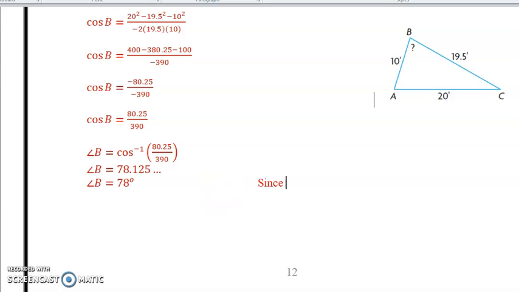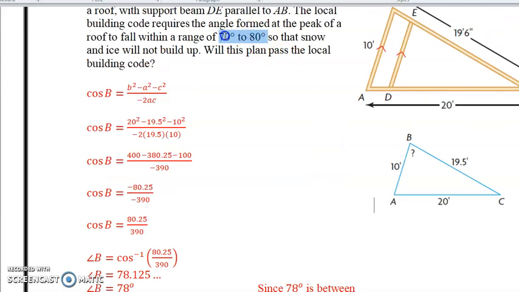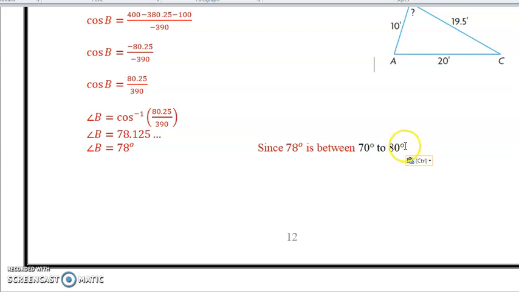So since 78 degrees is between, and we look up here, it needs to be between 70 and 80 degrees.